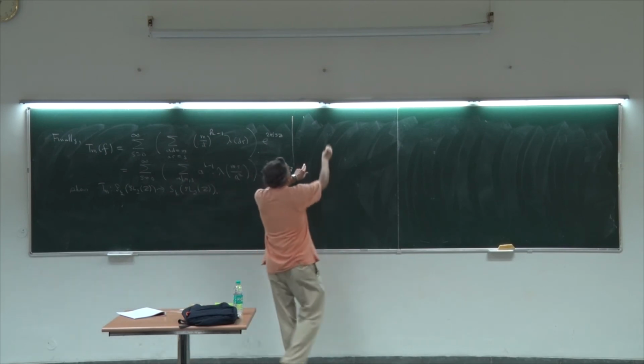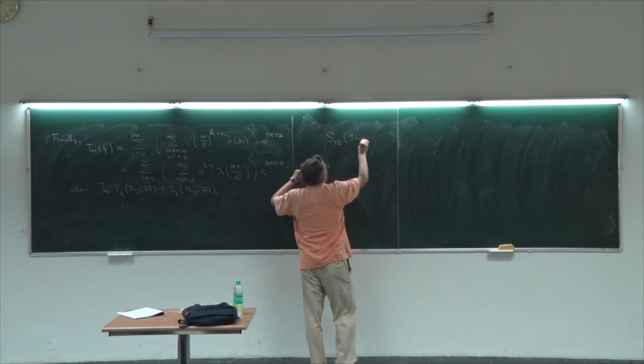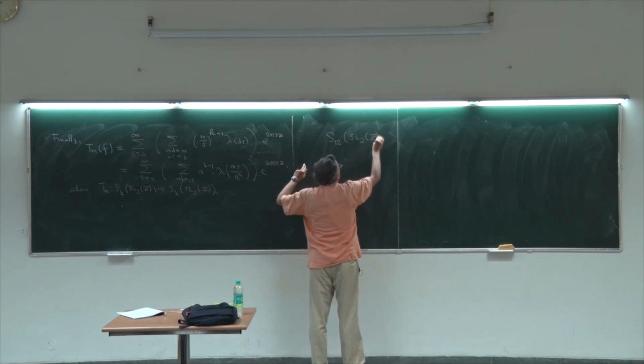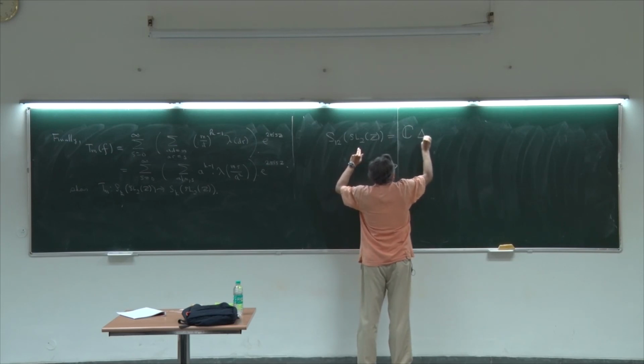So we know that the space of cusp forms for the full modular group we already know is one-dimensional, and so it's spanned by the Ramanujan cusp form.